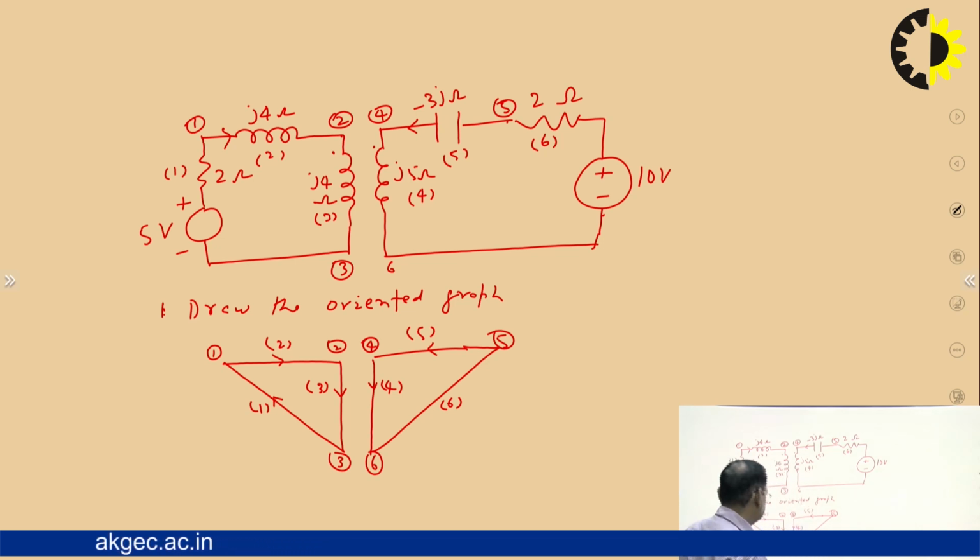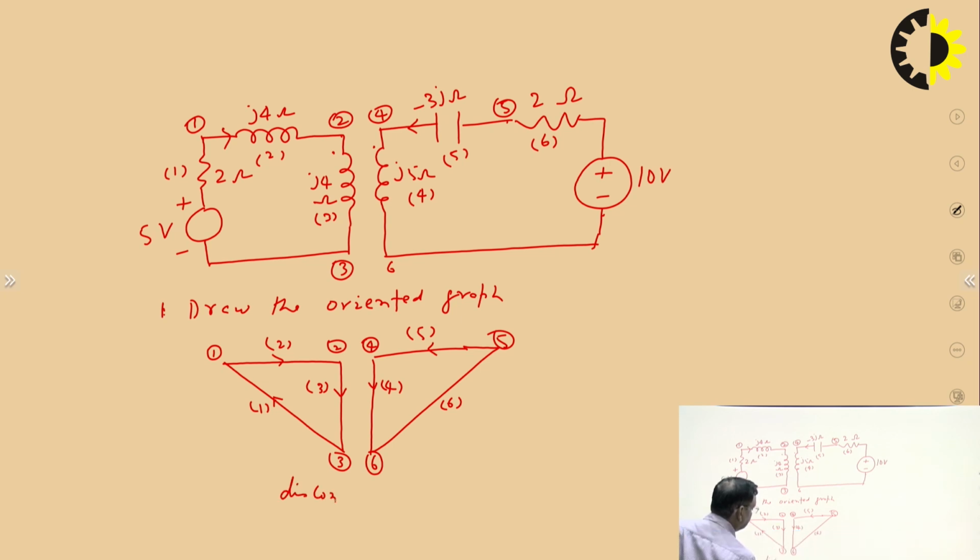Okay, look at this. So this graph is a disconnected graph. Why is this the disconnected graph? Because we are not able to reach from node 1 to node 4. There is no path.